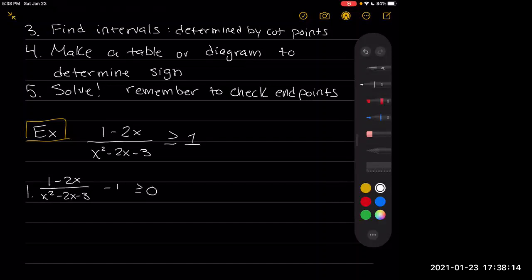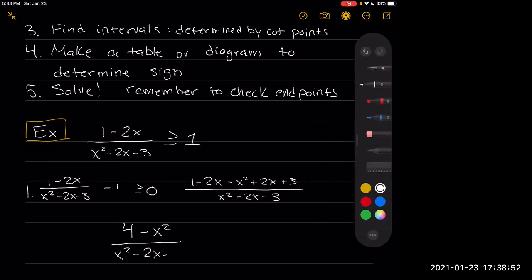And now we're going to multiply this 1 by x squared minus 2x minus 3 over x squared minus 2x minus 3 to give it a common denominator. So then we'll have 1 minus 2x minus x squared plus 2x plus 3 all over x squared minus 2x minus 3. And then simplifying, we will end up with 4 minus x squared over x squared minus 2x minus 3 greater than or equal to 0.